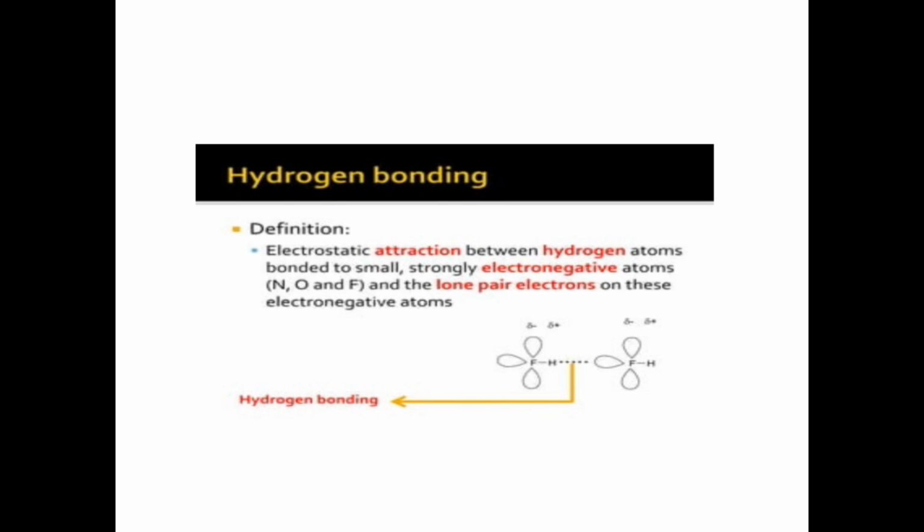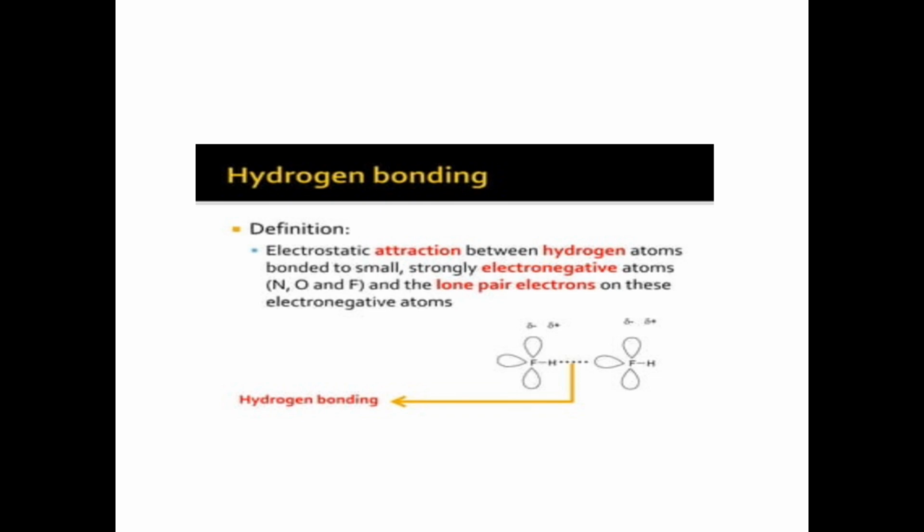So therefore, we can say that hydrogen bonding is the electrostatic attraction between hydrogen and strongly electronegative atoms, and the lone pair of electrons on this electronegative atom.